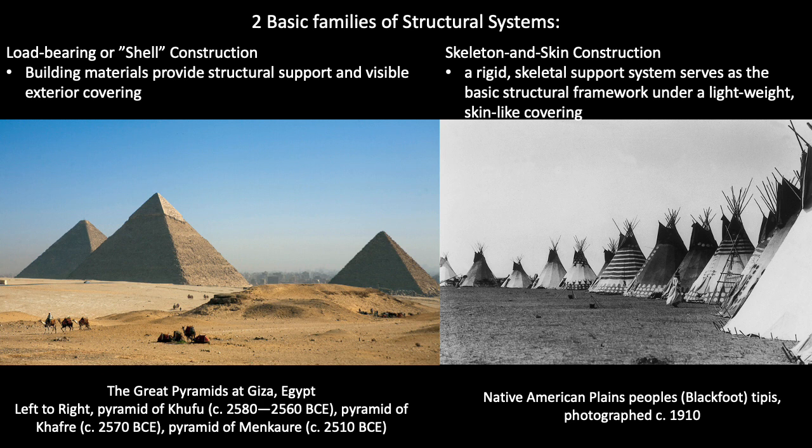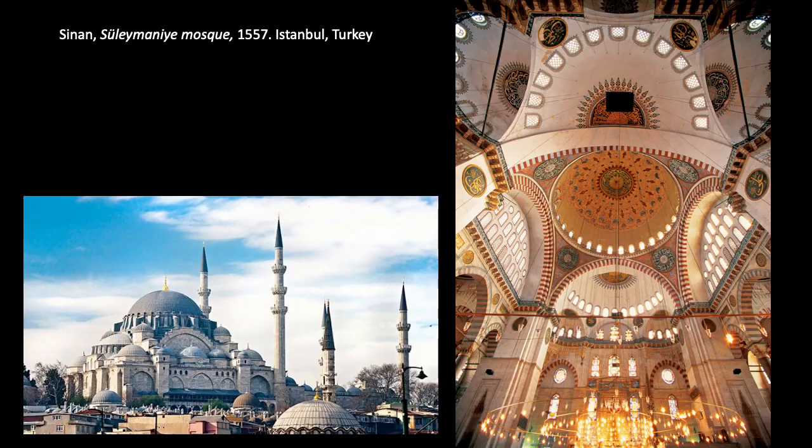One of the most straightforward examples of skeleton and skin construction are teepees used by Native Americans on the plains. Teepees typically consist of a stable conical framework made out of 3 to 4 long poles with an additional 20 to 40 smaller poles that fill out the oval floor shape and hold up the hide or the canvas walls.